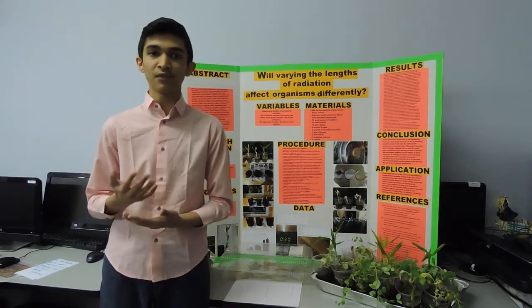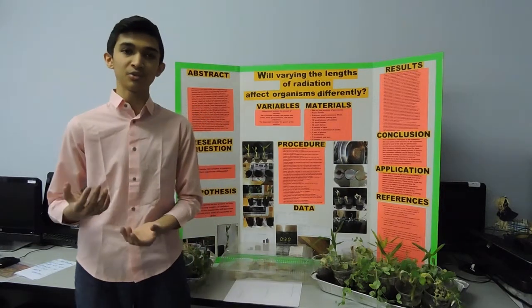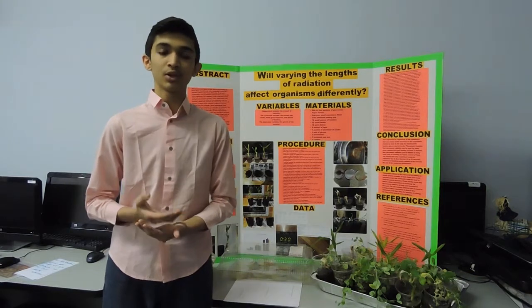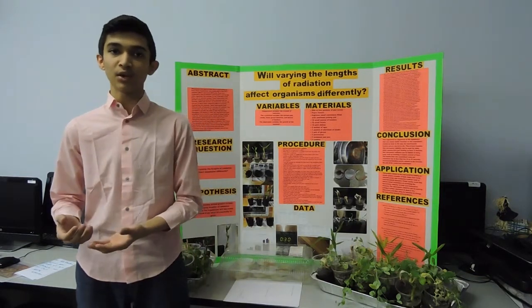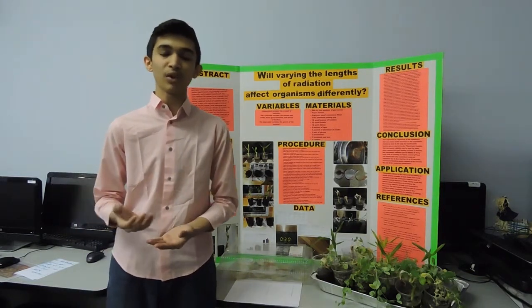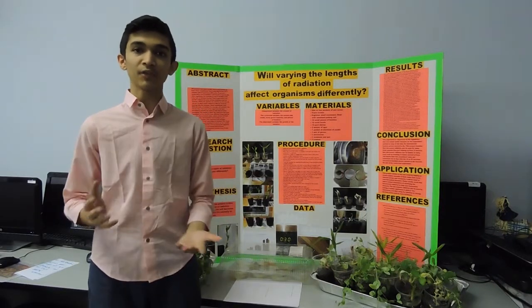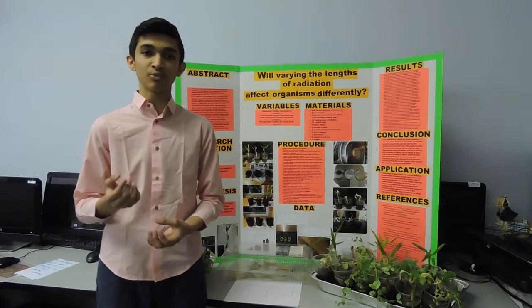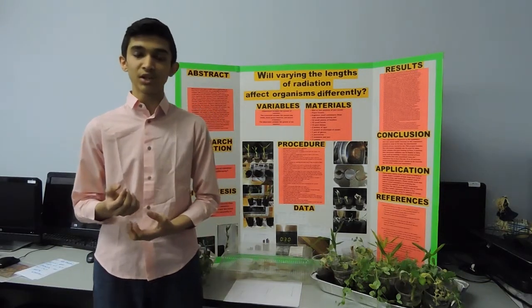Next, you would take 5 more pea seeds and place them on a paper towel. You then put the paper towel with the pea seeds in the microwave and microwave them for 5 seconds. After you have done this, you would take them out and place them in a small container filled with sterilized potting soil.